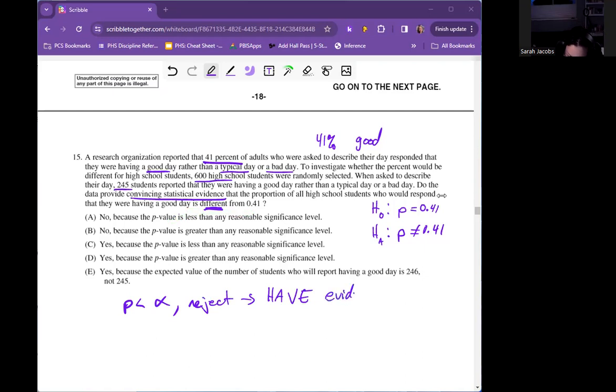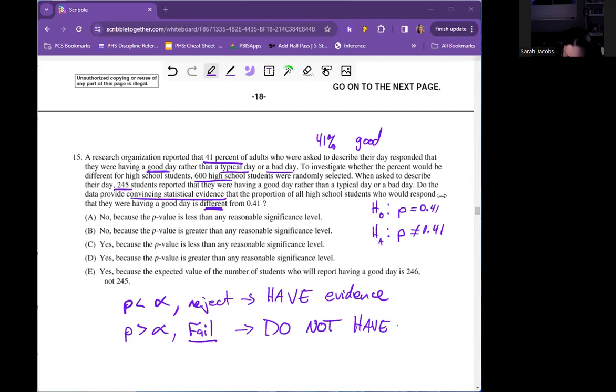We have convincing evidence. If the P is greater than alpha, we fail to reject. We do not have convincing statistical evidence.